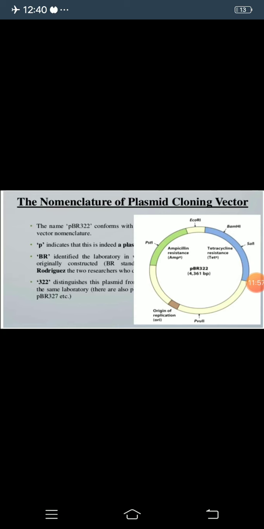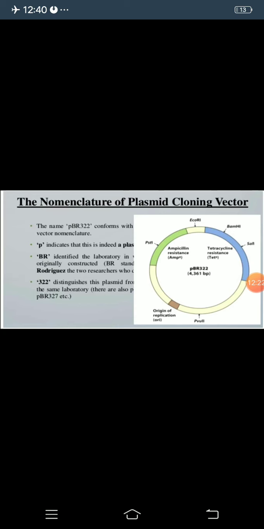These are the two researchers who developed this pBR322. And 322 is a particular number. It distinguishes this plasmid from other plasmids developed in the same library. For example, there is another, pBR327.